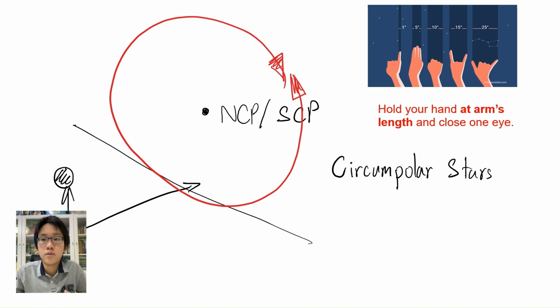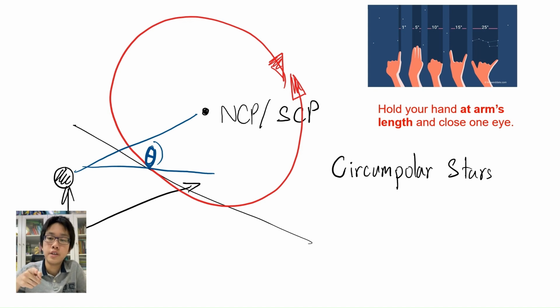Those stars are called circumpolar stars. One thing we want to calculate is the declination of the stars that would make them not go off the ground. This degree would be equal to the degree from the ground toward the North Celestial Pole.